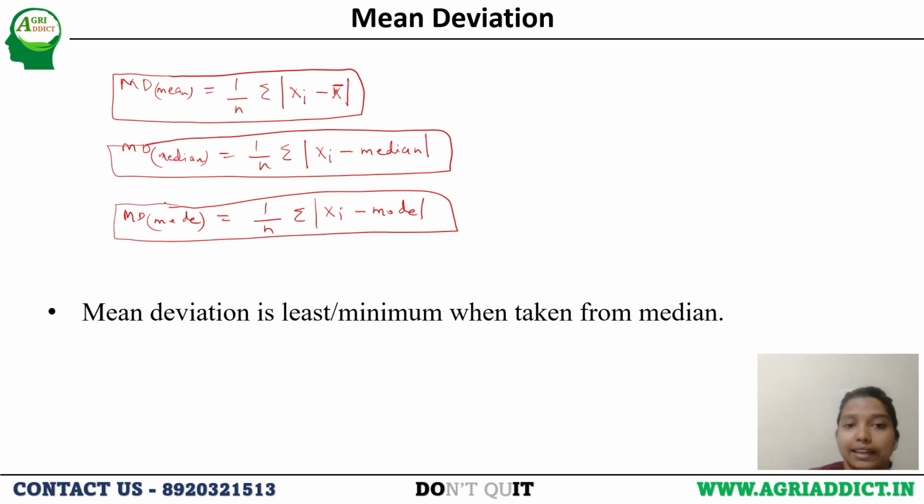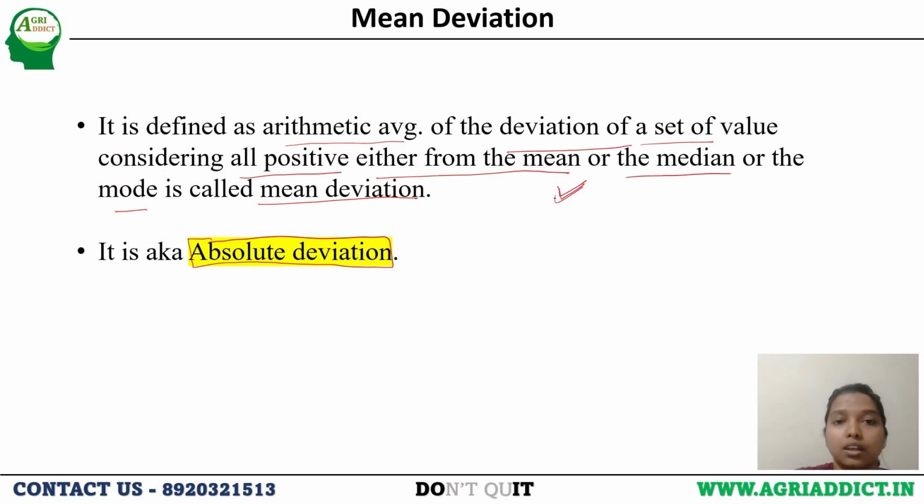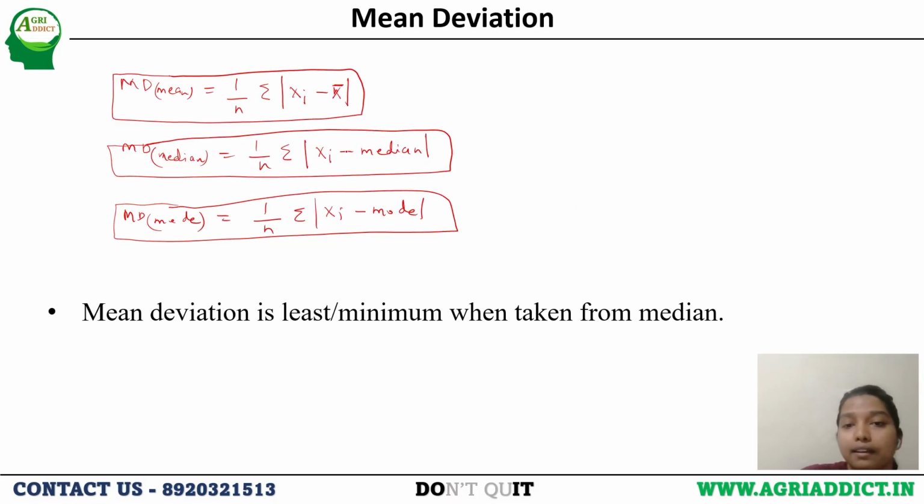So let's move to the next slide, what we studied. It says that mean deviation is defined as the arithmetic average of the deviation of the set of values, considering all positive. Why are we saying all positive? We are taking the mode. In the mode, all the values will come positive. We are taking the arithmetic average.